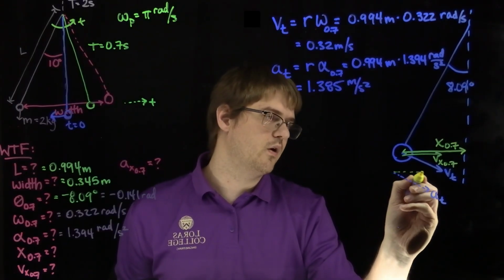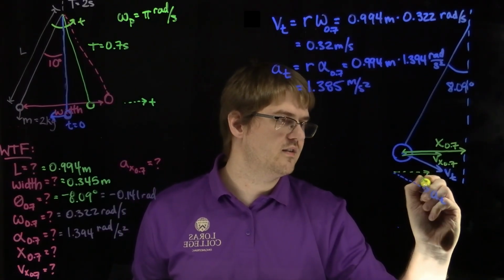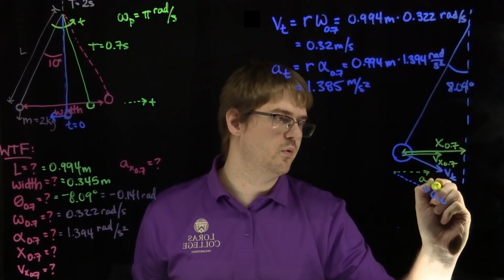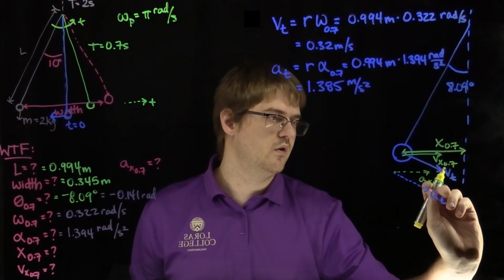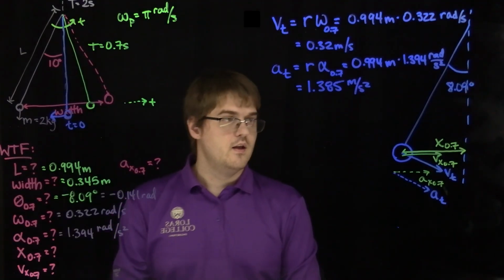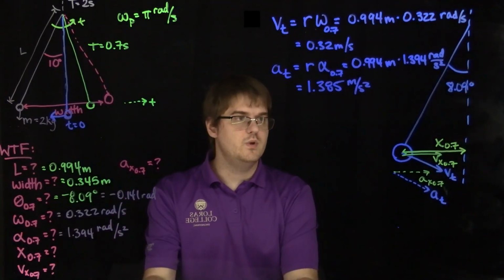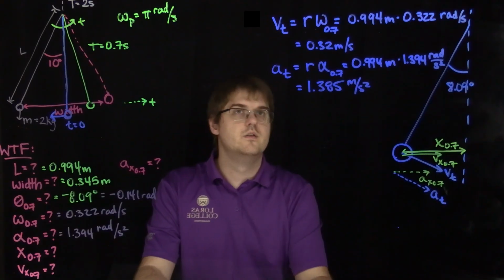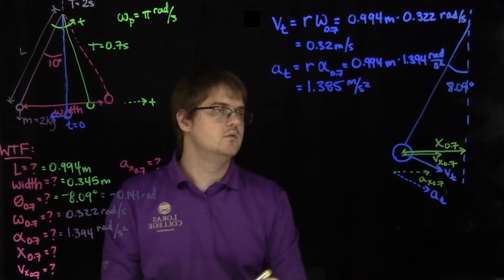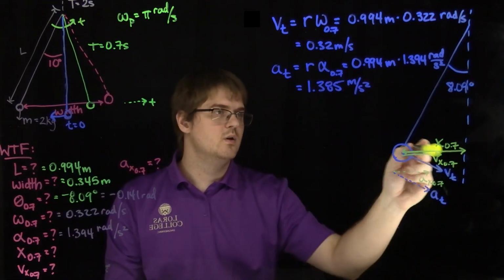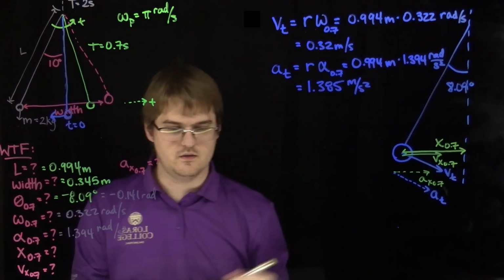And we were asked for what is this acceleration in the x at 0.7 seconds. I haven't been putting the seconds on. So what we need to do is we need to just go into trig. We have an angle. We know this is 90 degrees. We can figure out what our x is.